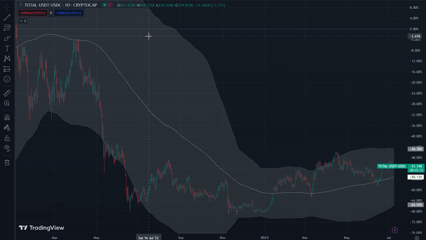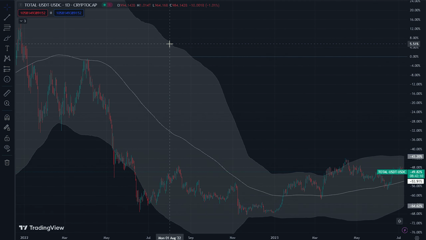I think the next biggest stable coin below that is DAI, which is like 5 billion or something like that. It's not worth going through each stable coin and subtracting them one by one. You can just take the two biggest out and it'll give you a very accurate overview.